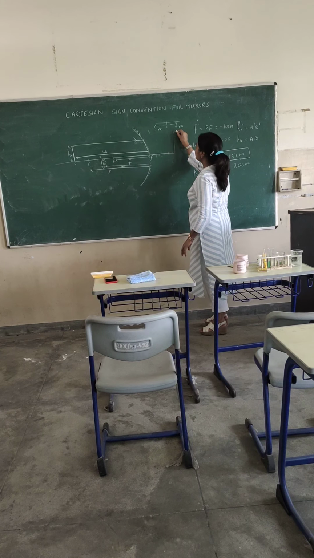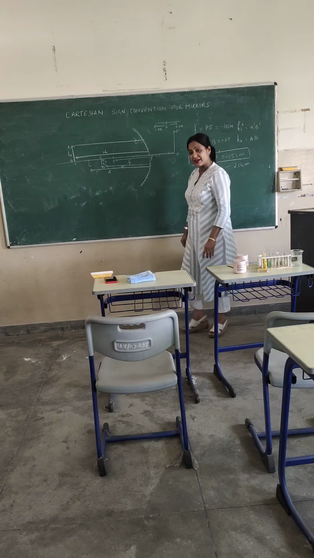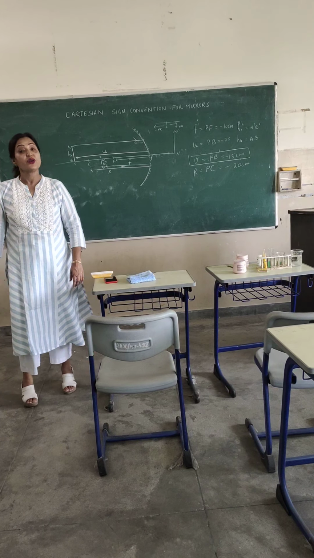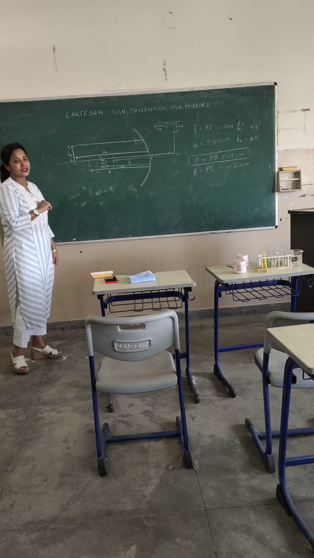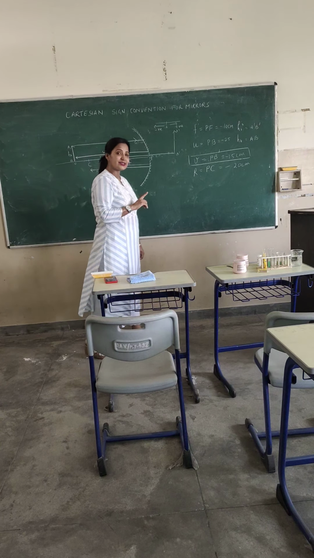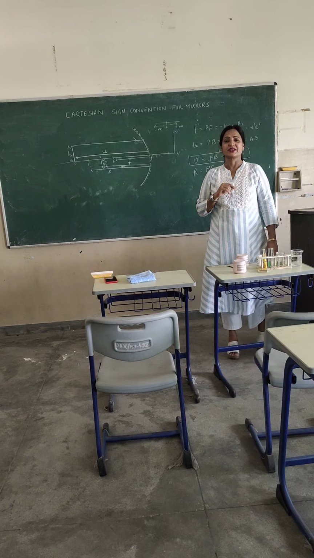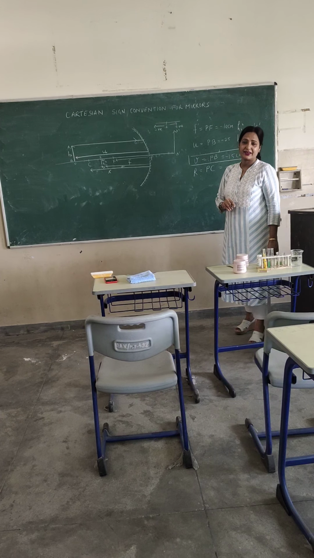This will be the image A dash B dash. So for a concave mirror, there is one case in which the image distance can be positive. And that is the case when we take the object between the focus and the pole. That is possible when the object is placed between the focus and the pole.